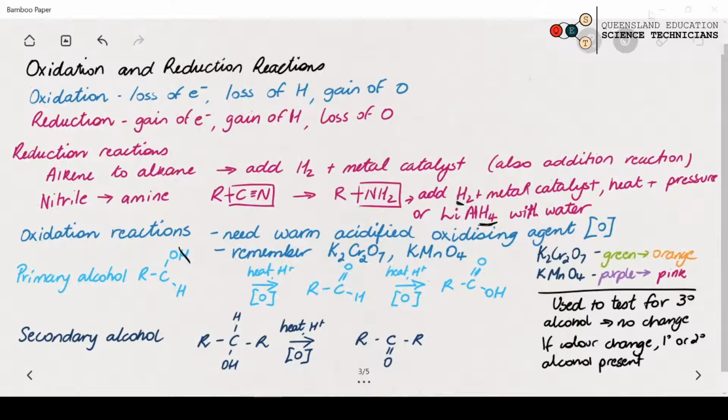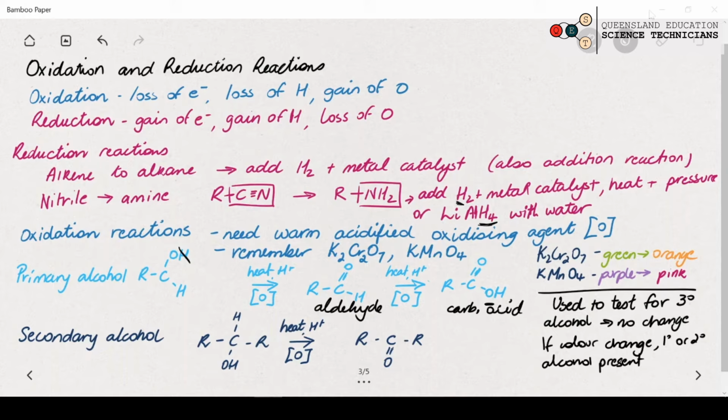That can be oxidized further because I can also add some more oxygen in. So remember, oxidizing can be removal of the hydrogen or adding an oxygen. So here I can add the oxygen in, which then forms our carboxylic acid.